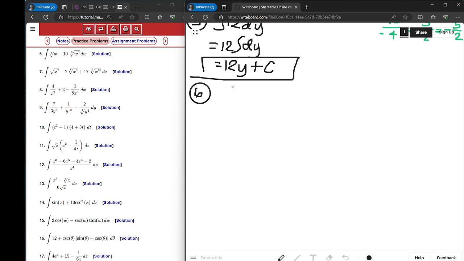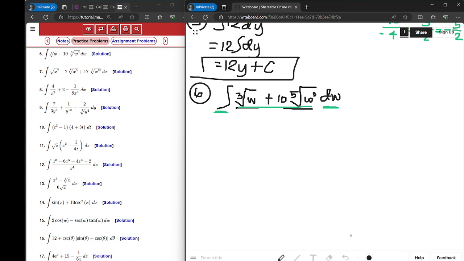Number 6 is the integral of cube root of w plus 10 times the fifth root of w cubed, multiplied by dw. Again, since these two terms are in between the integral sign and the derivative, we need to integrate these two.